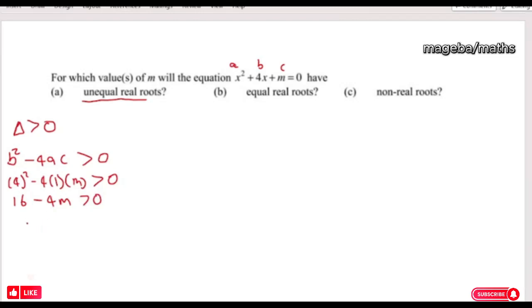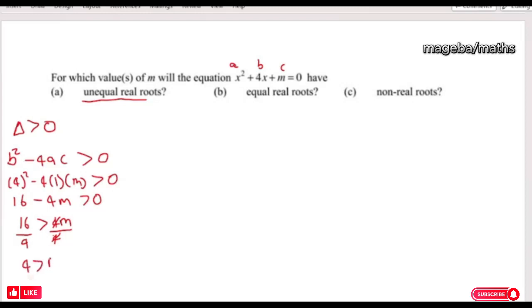Now we're finding the value of m, so we take 4m to the other side, it's positive, so 16 is greater than 4m. Then we divide by 4. 16 divided by 4 gives us 4.